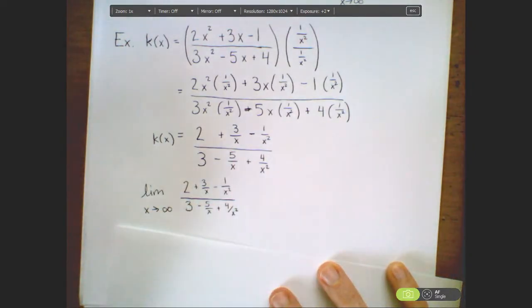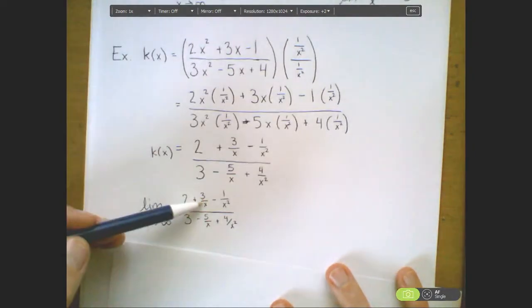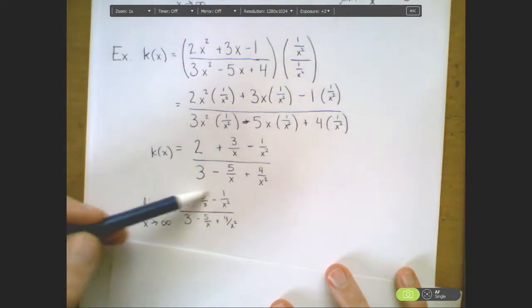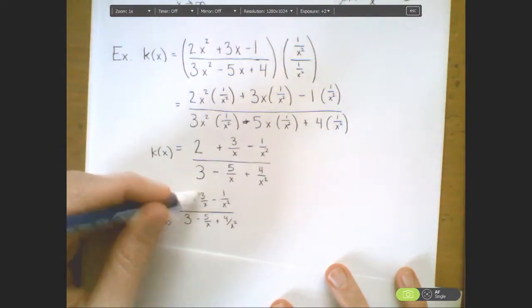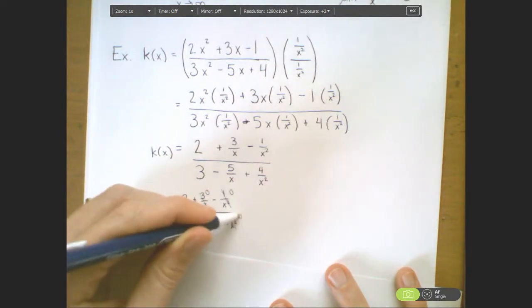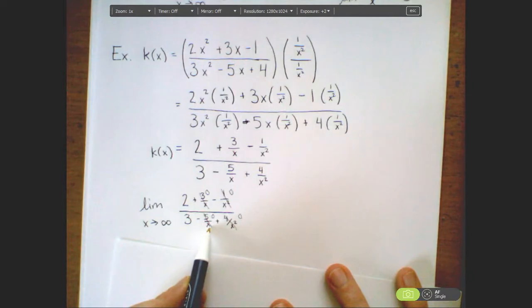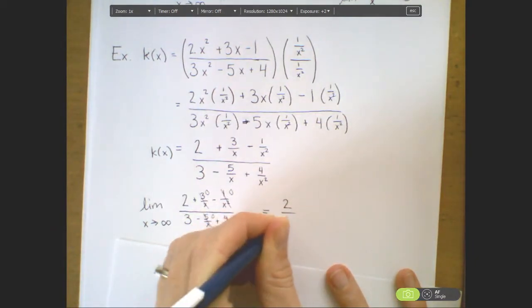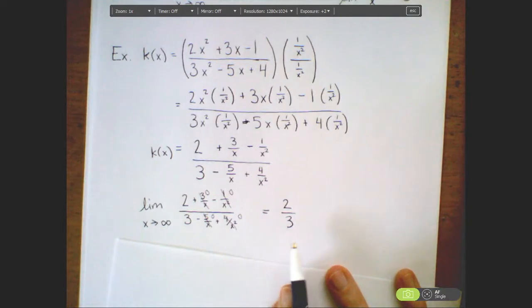By one of our previous theorems, we know that terms like 1 over x, 1 over x squared and 1 over x cubed are all going to go to 0 as I take this limit, because the denominator in each of these terms is shooting off towards infinity, whereas the numerator is held at some fixed number. And 5 divided by 1,000,000 is going to be a really, really small value. So we see that this limit becomes 2/3, which is exactly the limit that we anticipated. Now we've verified it algebraically.